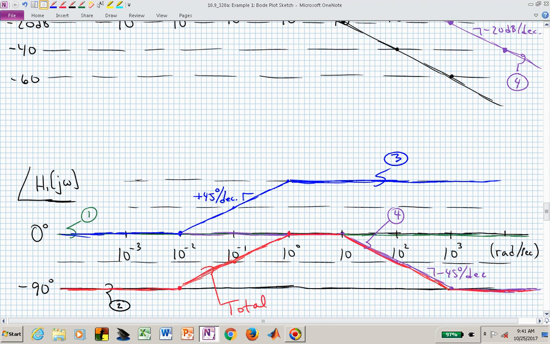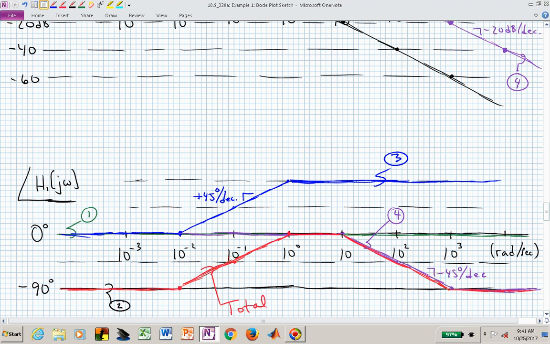And we could check this, we could sort of check what's happening. In fact, we had 2 poles and 1 zero.